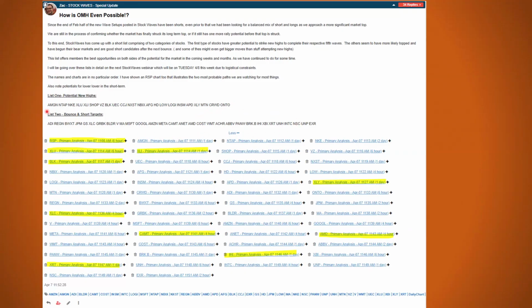But one was ETFs and individual stocks that had a good chance of making new highs over their February or March highs that were already made. And the next list was things that might eventually be good short targets, but that were due for more significant bounces.